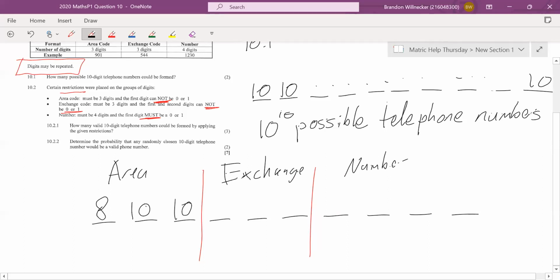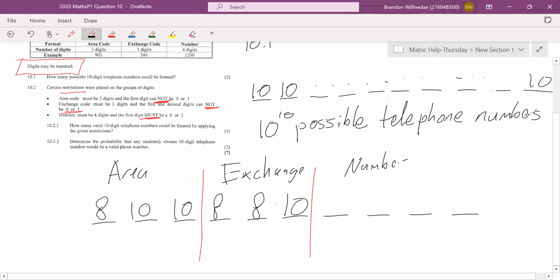For the exchange code, it cannot be 0 or 1 for the first and the second digits. So for the first digit, we have 8 possibilities. For the second digit, we have 8 possibilities. And for the last one, it is unaffected. We still have 10.